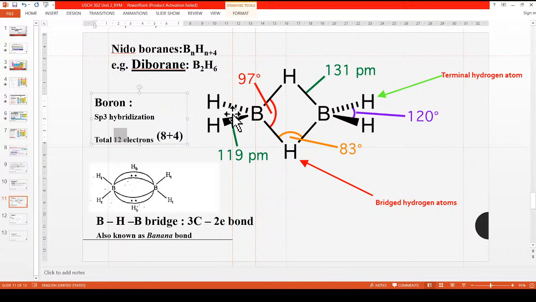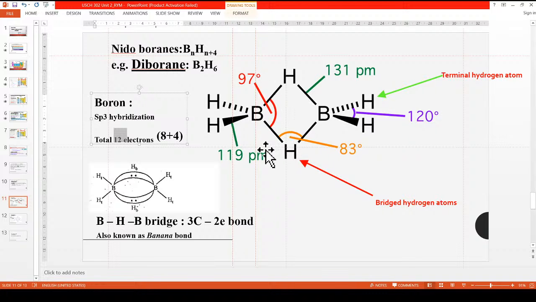So 2 electrons for this one, 2 electrons for this one. 4 electrons on this side, and 4 electrons on the other side. 4+4, 8 electrons for bonds between terminal hydrogen and boron. Since four terminal hydrogens are there, each makes a bond with boron with two center two electrons.